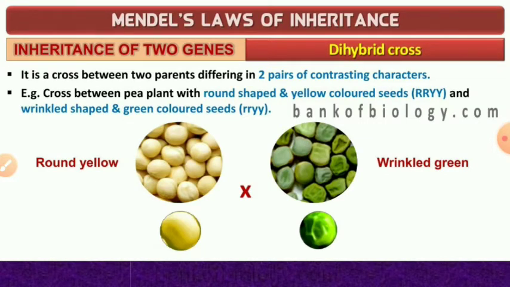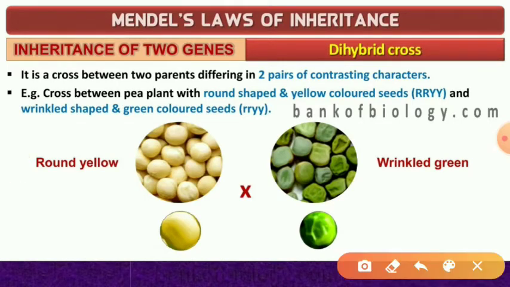In earlier classes, what did Mendel take first? The inheritance of a single gene. Here it is the inheritance of two genes. It is a cross between two parents differing in two pairs of contrasting characters. Note the point: two pairs of contrasting characters.